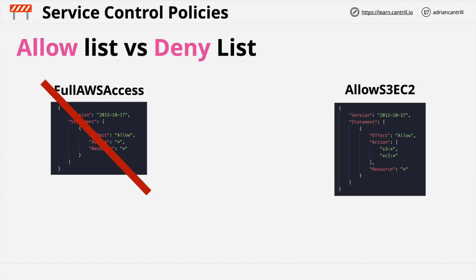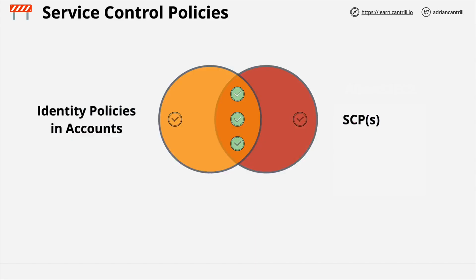Now, before we go into a demo, I want to visually show you how SCPs affect permissions. This is visually how SCPs impact permissions within an AWS account. In the left orange circle, this represents the different services that have been granted access to identities in an account using identity policies.